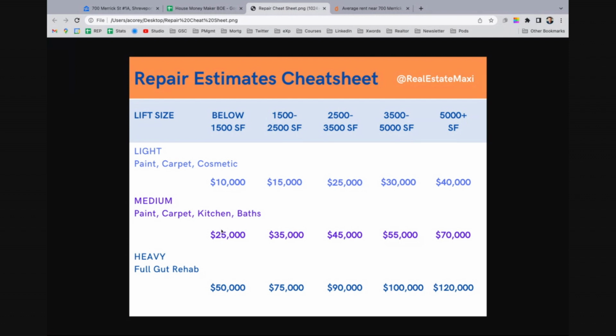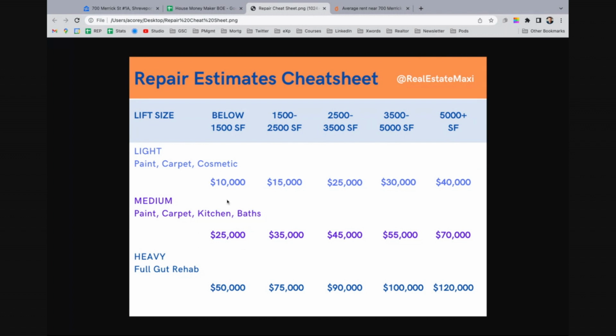So it's $25,000 if I got to do full replacement of the paint, carpet, kitchen, baths. And this medium also includes the light up here, right? Or if it's heavy gut, I got to replace everything for this sort of square footage, it's $50,000. That's a full gut rehab, redoing everything, electric, plumbing, sheetrock. It's basically building it inside out. I think this one is not at max $25,000, but it's definitely more than $10,000.